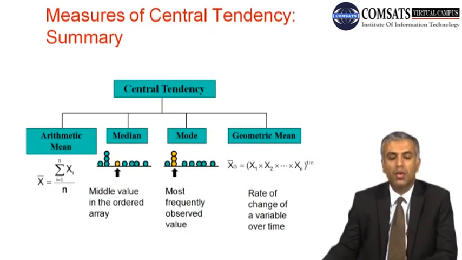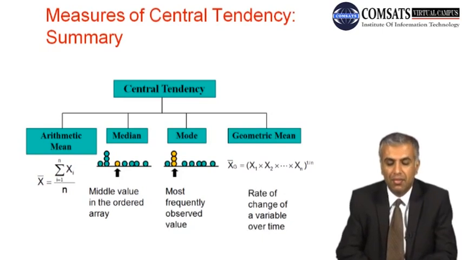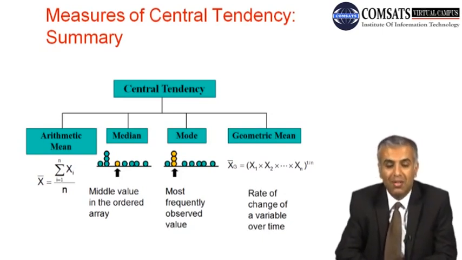Therefore, in total we can say that these are the four main important concepts of central tendency which you can see. One is the arithmetic mean, which we represented by the formula we have done before. Then is the median, which again is the middle value of any kind of ordered array.